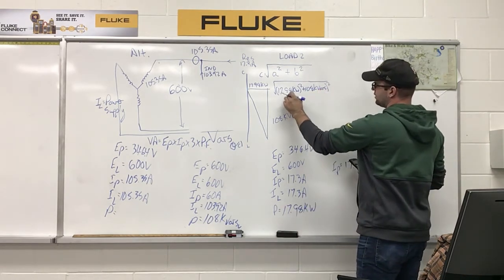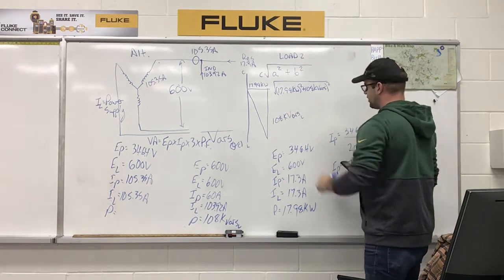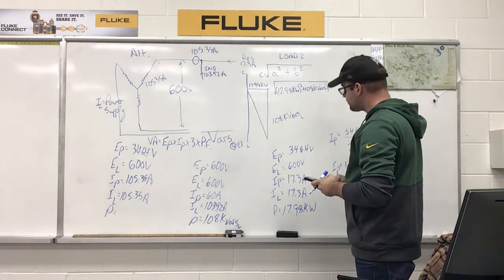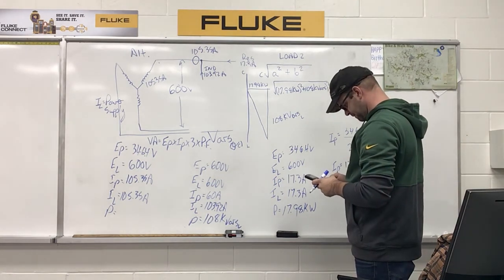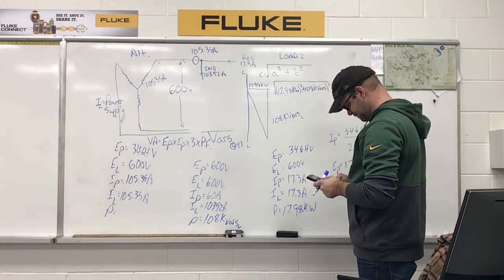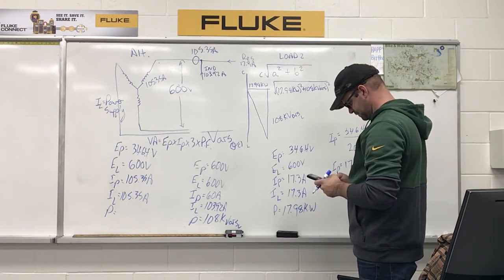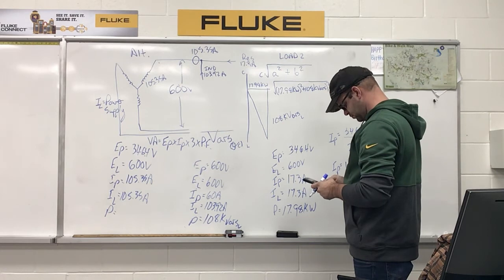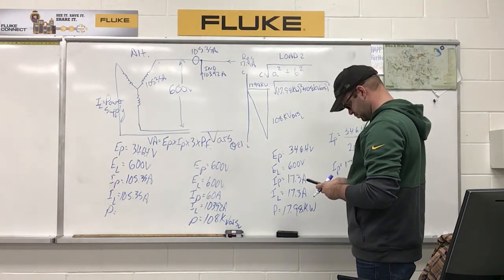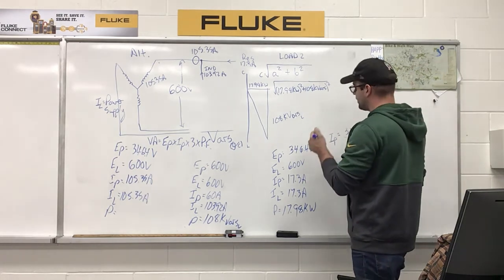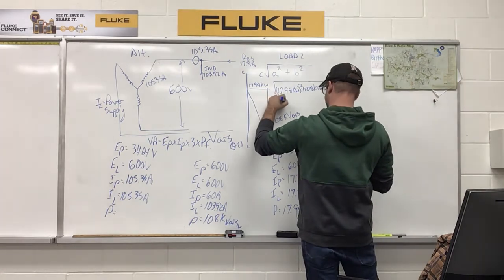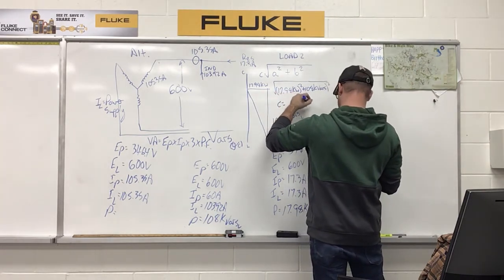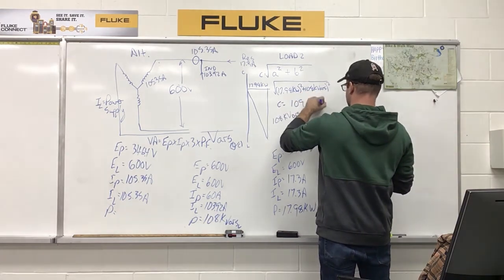So 17.98 kilowatts squared plus 108 kVARs squared. We get an answer of 109.49 kVA.